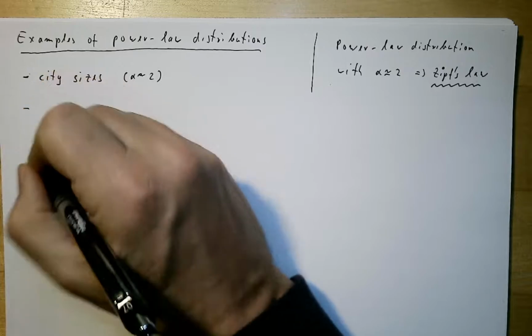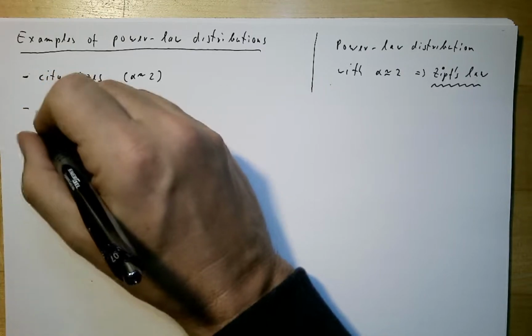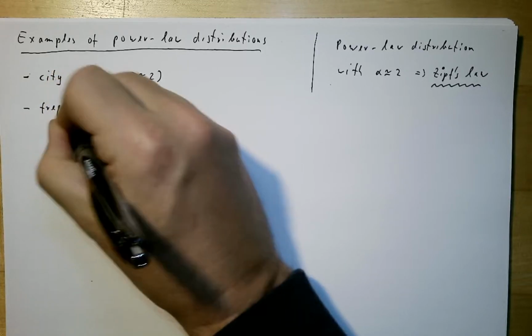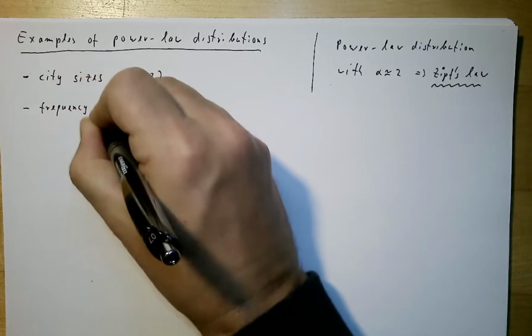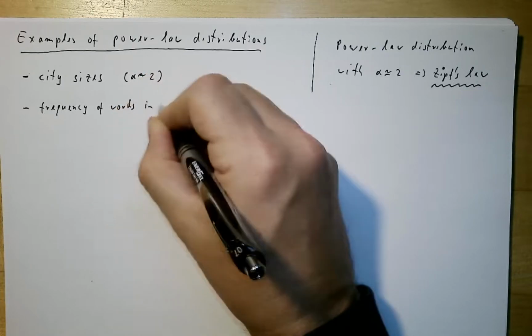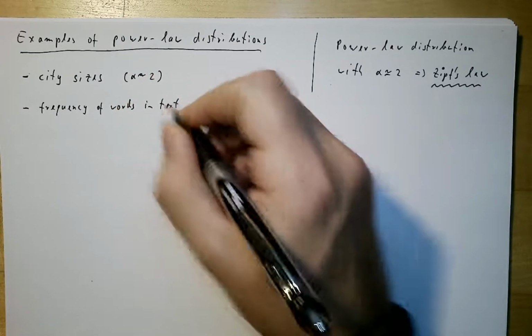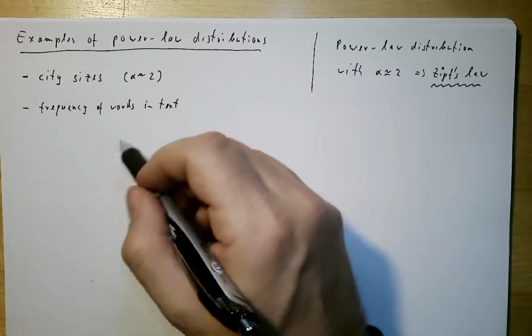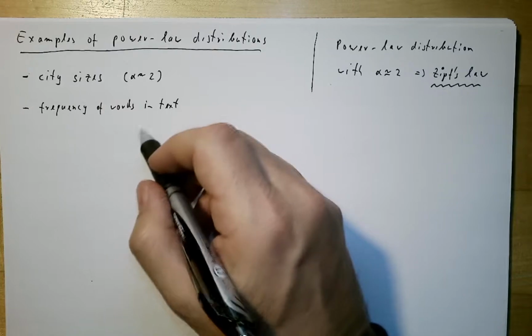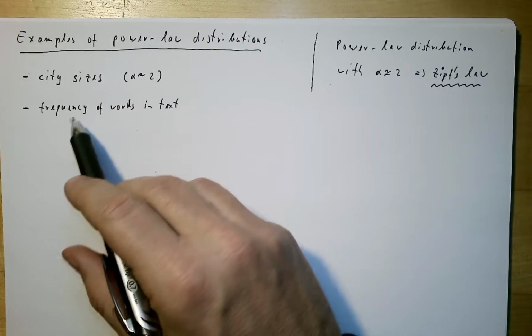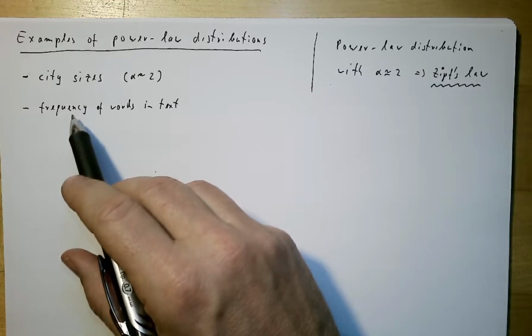Take something else. Take the frequency of words in a text. Today we have many texts in all the social media, but when this analysis was done the first time, people just took a thick book.